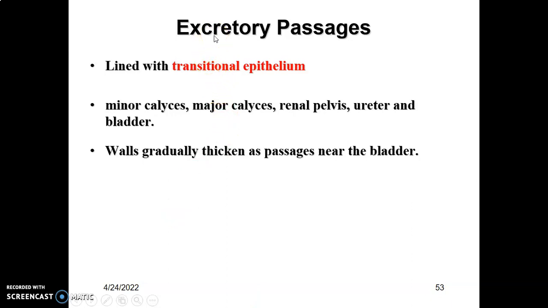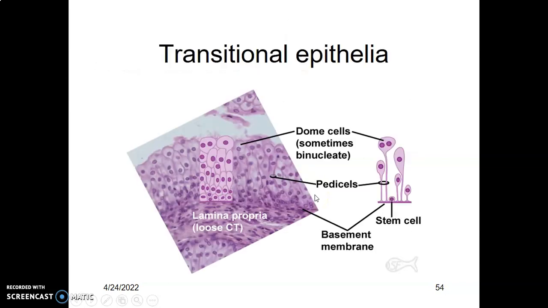Excretory passages such as the renal pelvis, the ureter, urethra, including the urinary bladder, they're lined by transitional epithelium. This is a special type of stratified epithelium. So minor calyces, major calyces, renal pelvis, ureter, bladder are lined by transitional epithelium, and the walls gradually thicken as you get near the bladder.